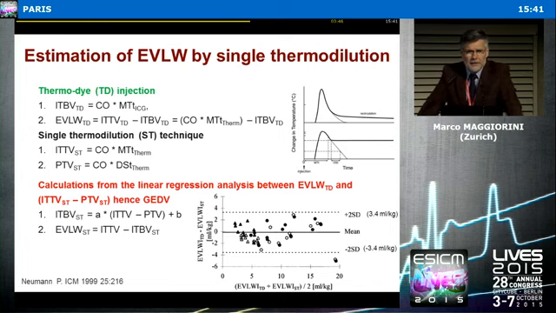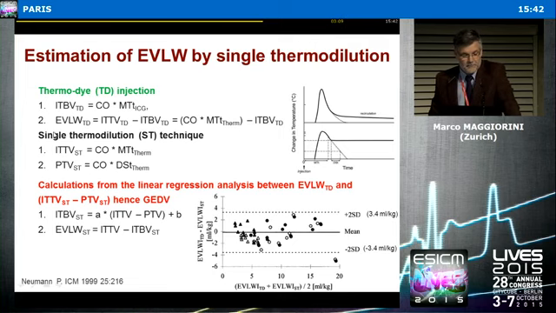So how did we come to the fact that nowadays we don't use the double indicator technique anymore to assess extravascular lung water? This comes from a work by Neumann that was published at the end of the last century, and he calculated two things. First of all, you have here the formula for the double indicator technique, what I told you before, to calculate the intrathoracic blood volume and the extravascular lung water.